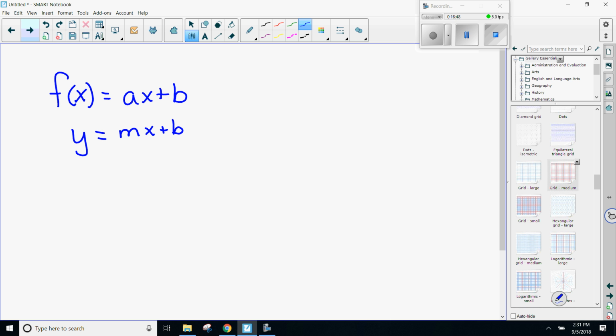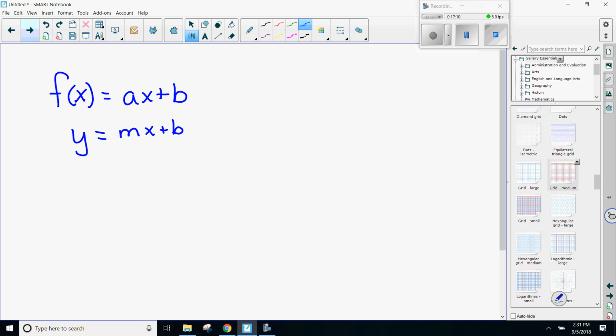Something that you've heard in the past, y equals mx plus b, and you say b is the y-intercept, m is the slope, which is your rise over run, and you can graph from there. Most people, that b, you begin there, and you put it on the y-axis, and then from there you count your slope. You have your graph.